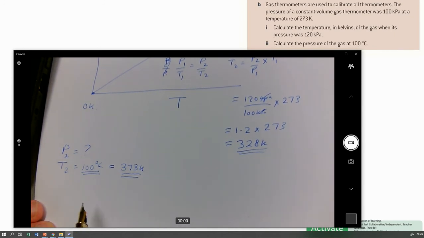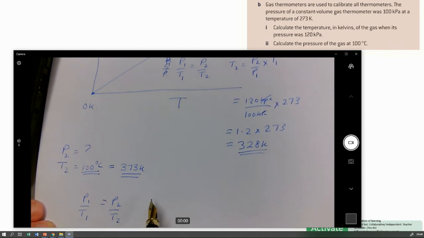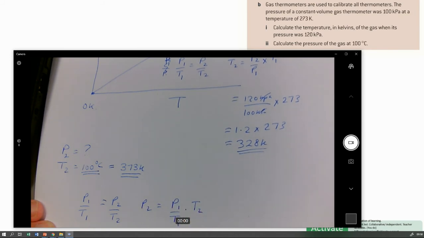We know that P1 over T1 is equal to P2 over T2. This time we are trying to find the pressure, so let's rearrange this again. P2 is equal to, let's bung the numbers in.